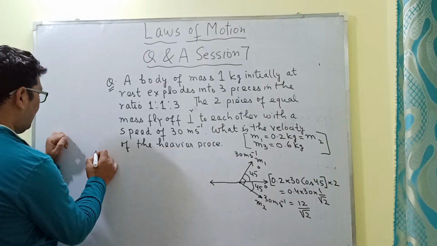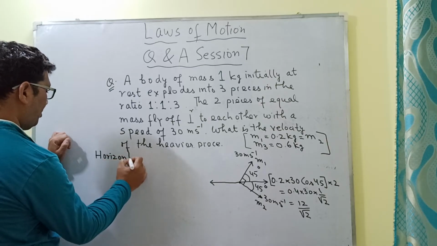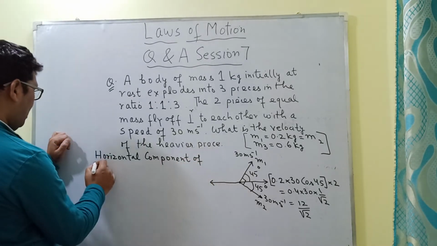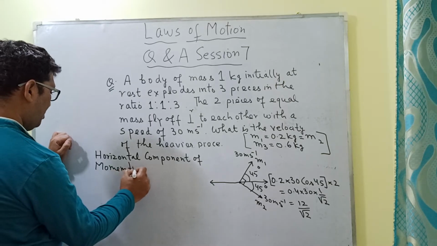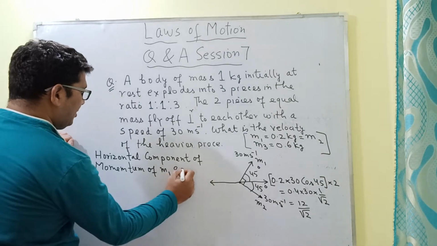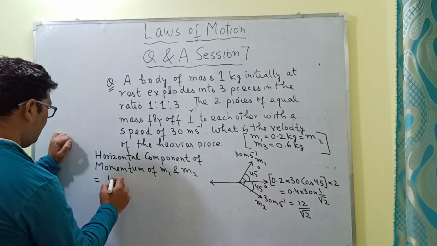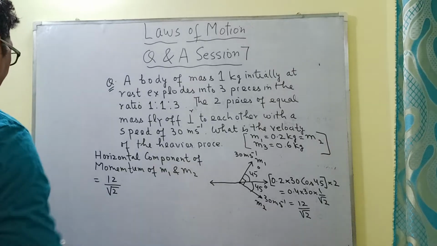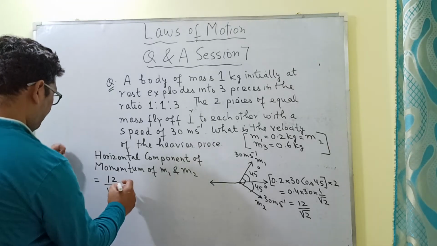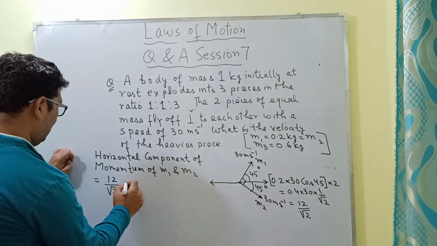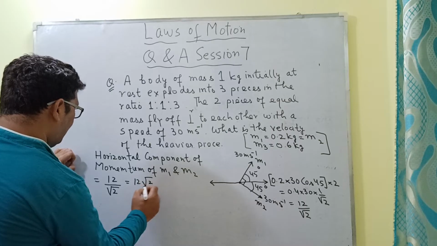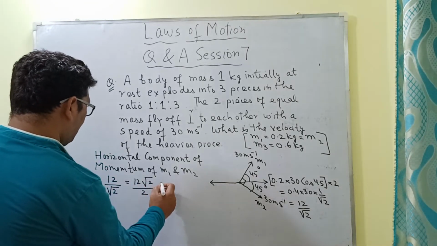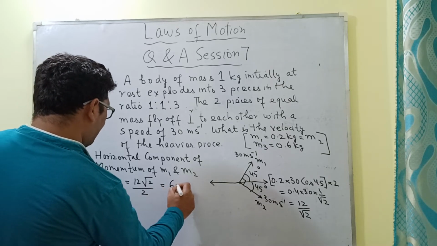Now we can write it down here, that the horizontal component of momentum of m1 and m2 is equal to 12 divided by root 2, which we can also write as 12 root 2 by 2, and so this is equal to 6 root 2.